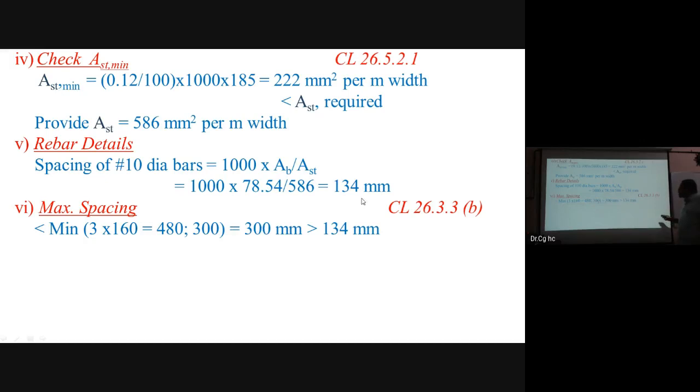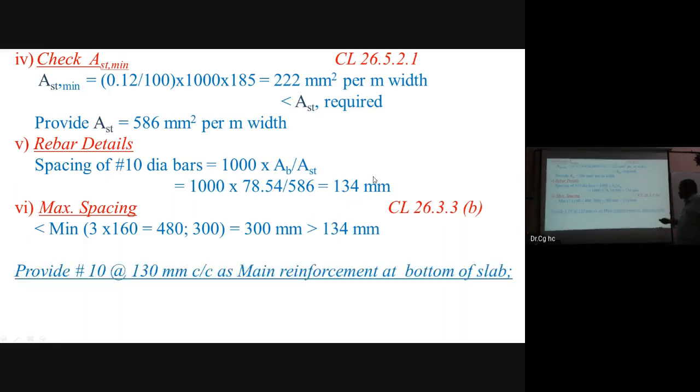Among these three values, whichever is the least we must provide. Therefore, that is 134 millimeter, the spacing of the bar, from one bar to the next 134 millimeter.